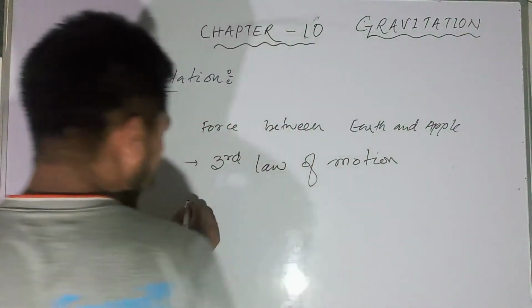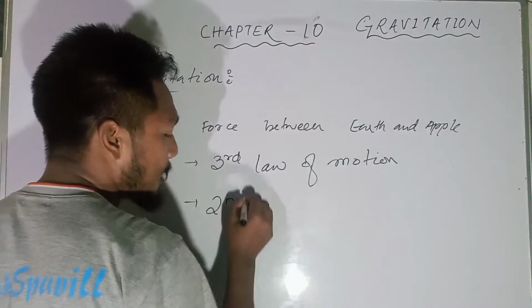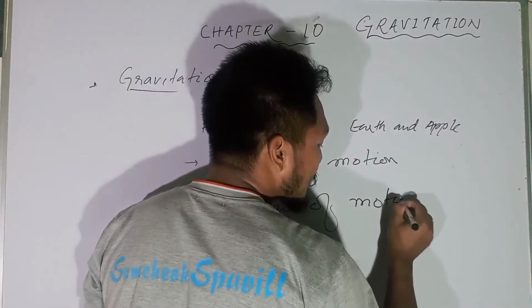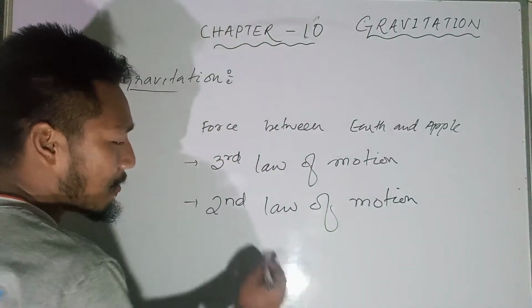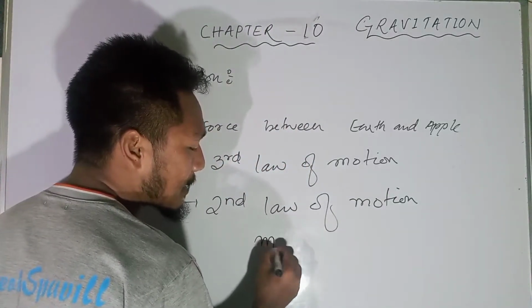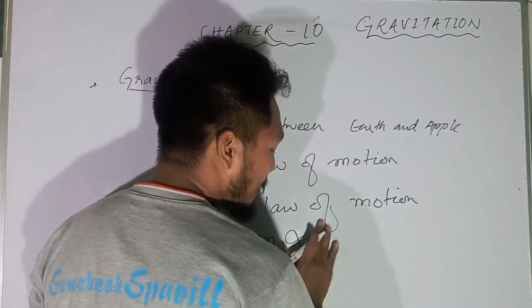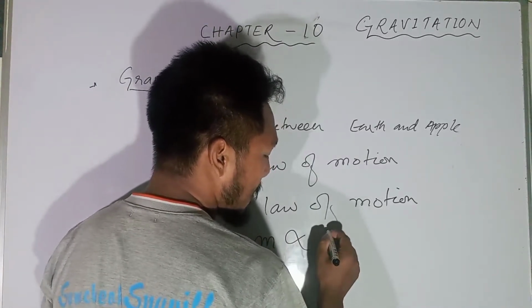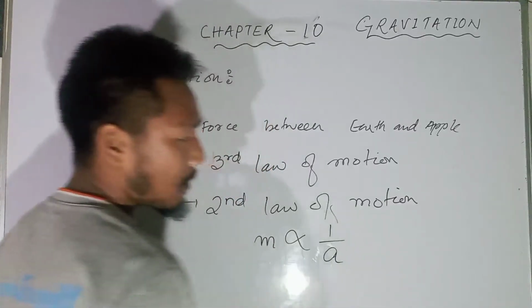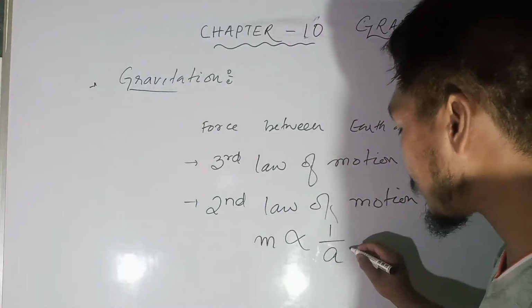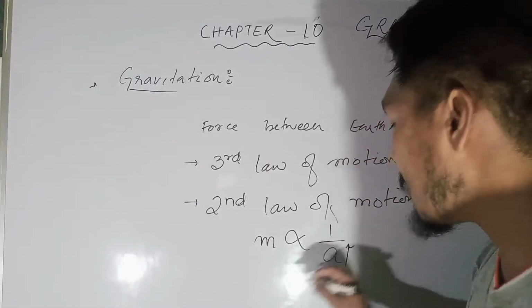But when you come back to the second law of motion, what does the second law of motion say? The second law of motion says mass is inversely proportional to acceleration.